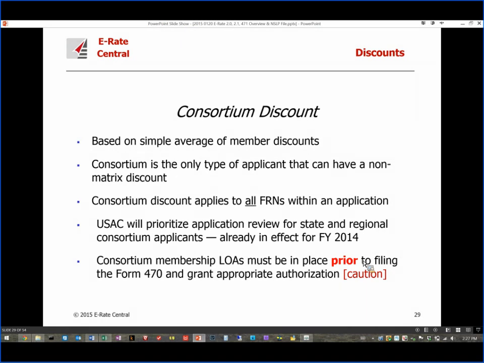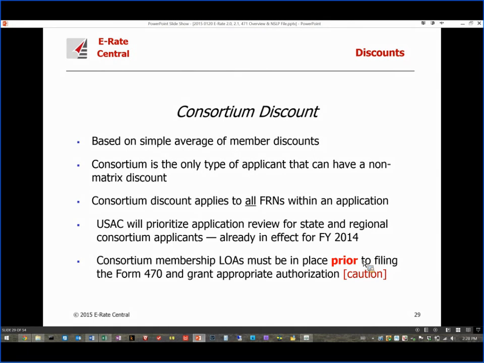Consortium membership LOAs must be in place prior to filing the Form 470 and grant the appropriate authorization. At this point in time, it's getting a little late in the game to deal with this, but one of the things that we observed was that the authorizations in the LOAs did not match what they would be applying for Category 1 and 2, and so many consortiums have gone back and revamped their entire LOAs.